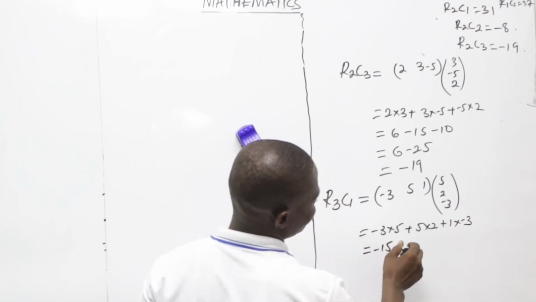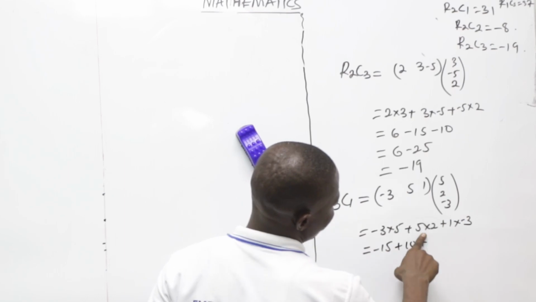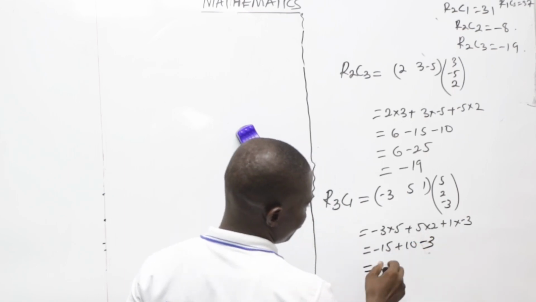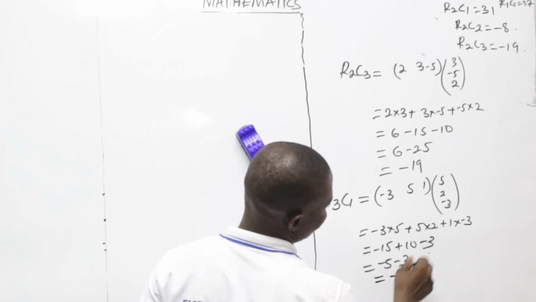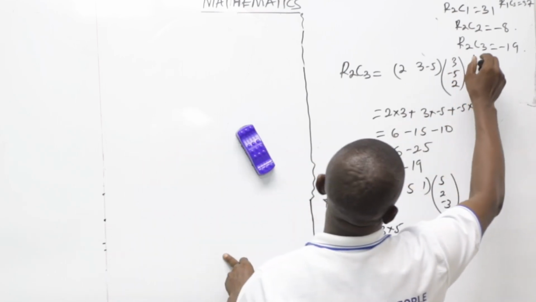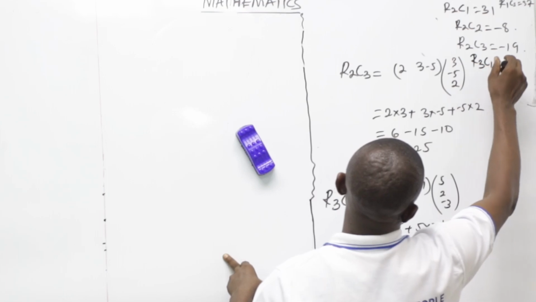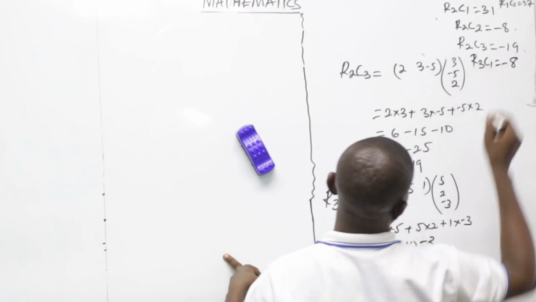Minus 15 plus 10 minus 3, to give us minus 5 minus 3 equals who? Minus 8. So row 3, column 1 equals minus 8.